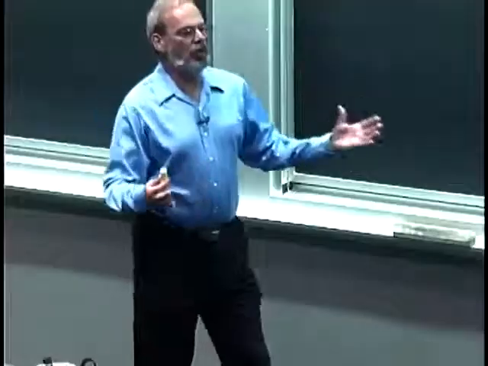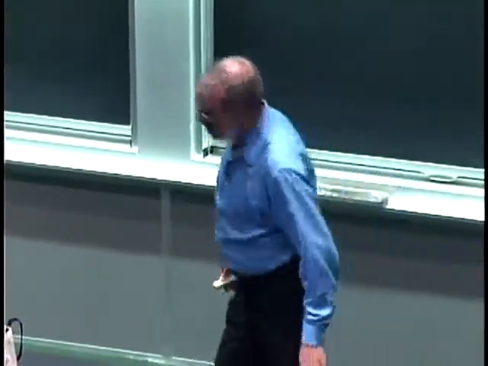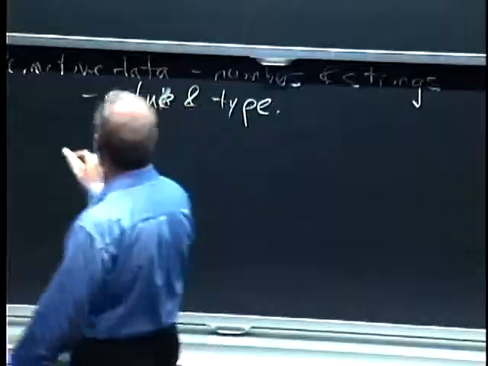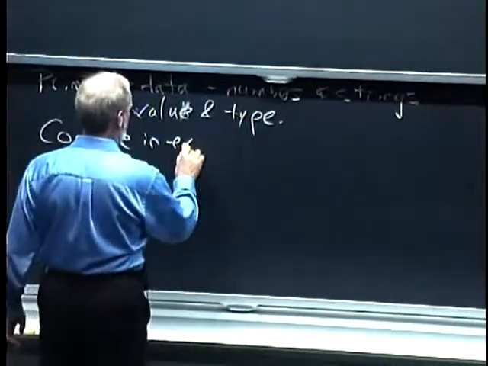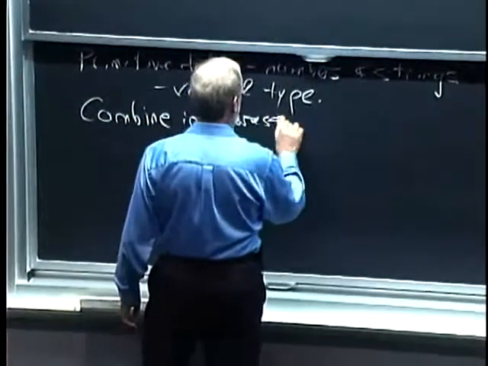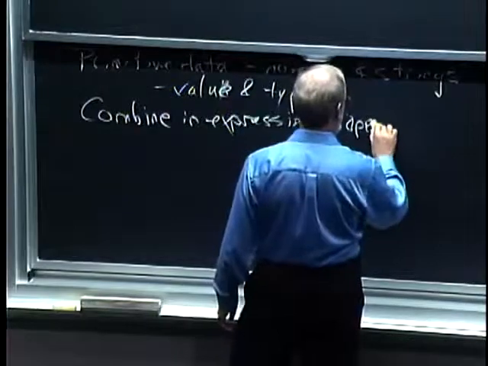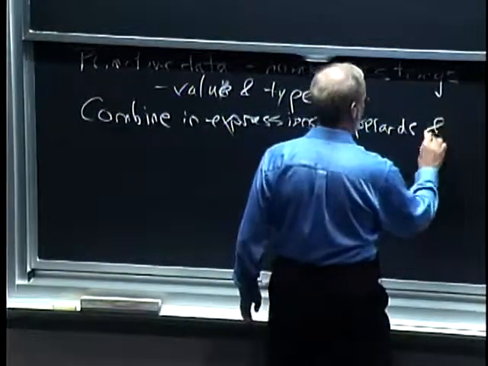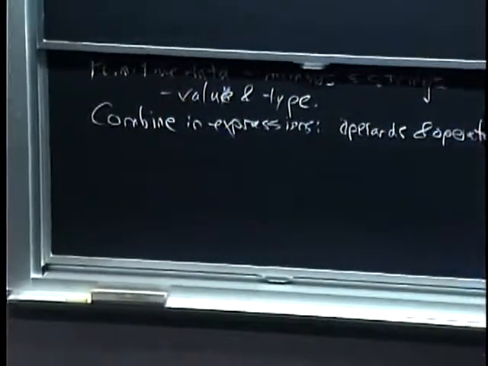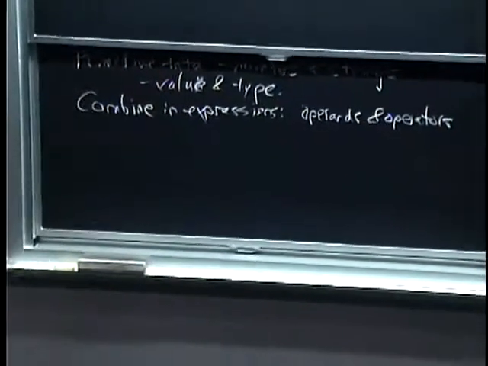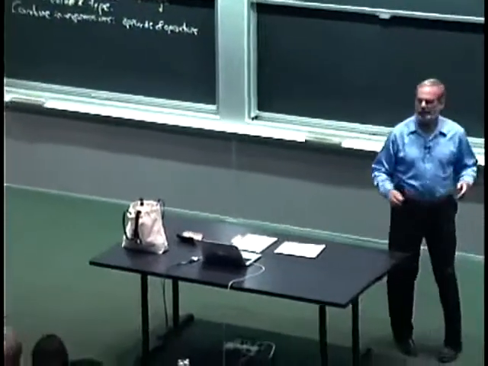All right, once we have them, we want to start making combinations out of them. We want to put pieces together. And for that, we combine things in expressions. And what we saw is expressions are formed of operands and operators. And the simple things we did were the sort of things you'd expect from numerical things.